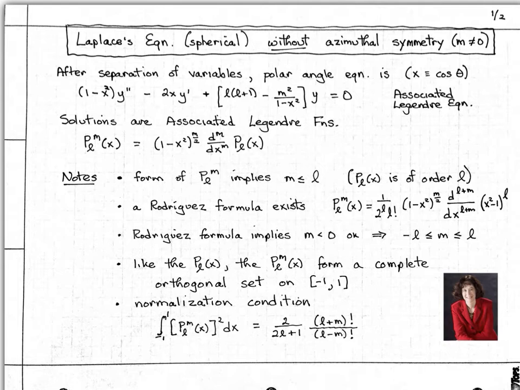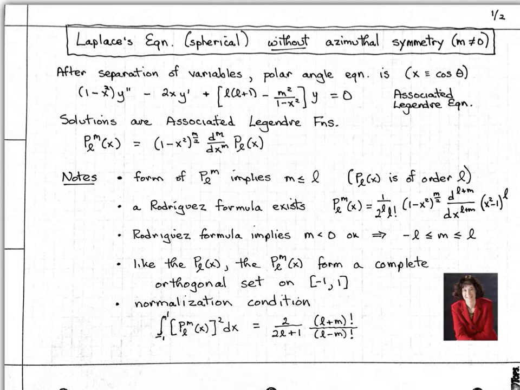Now, remember that the Legendre functions form a complete orthogonal set of polynomials on the interval from -1 to 1. The same is true for the associated Legendre functions. This meant we could do a series expansion of any function on that interval in terms of Legendre functions. We could do a Legendre series. Well, you could do an associated Legendre series in terms of these functions. To do the series, you do need a normalization condition that tells you about an overall coefficient size to use in the expansion.